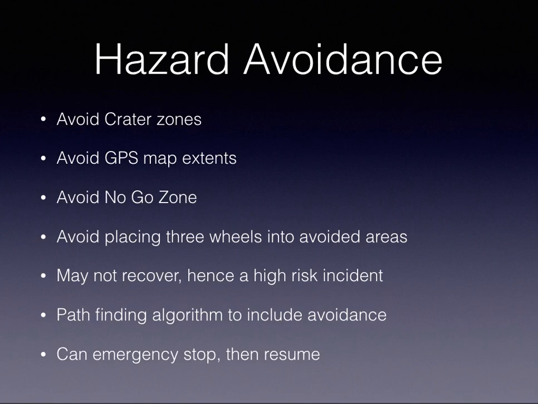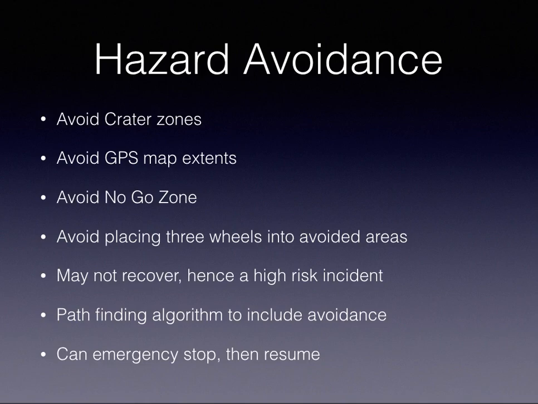So once we come to a hazard, we can emergency stop and then resume, or if the algorithm is intelligent enough, it can turn away from the hazard and continue on. One of the hazards that I've failed to put on this slide is bump detection, which is if it collides with a physical object at low speed, then it will avoid that. Sorry for missing that off the slides.